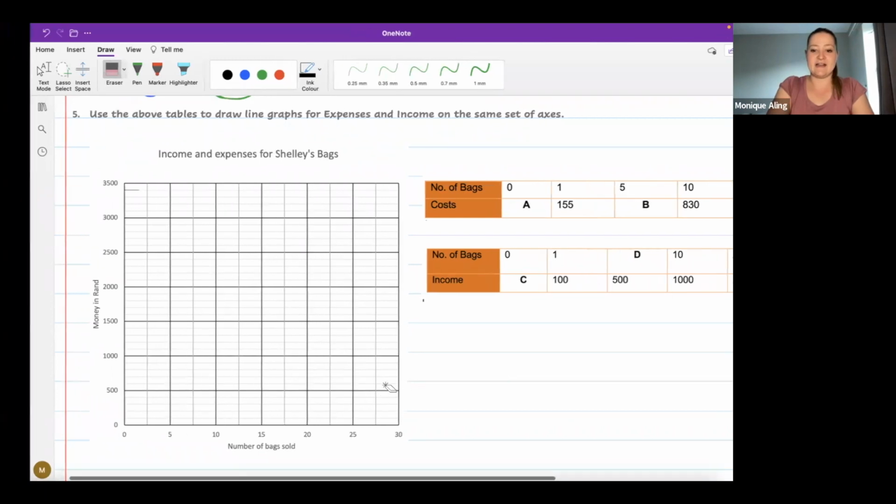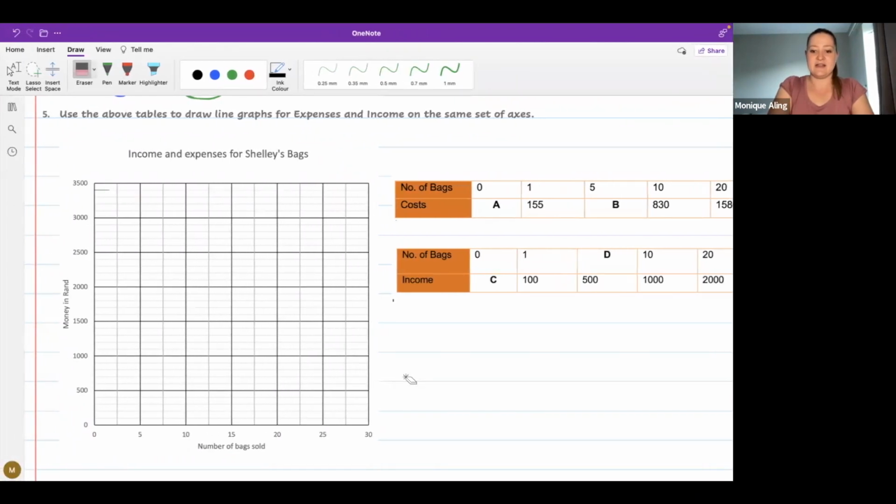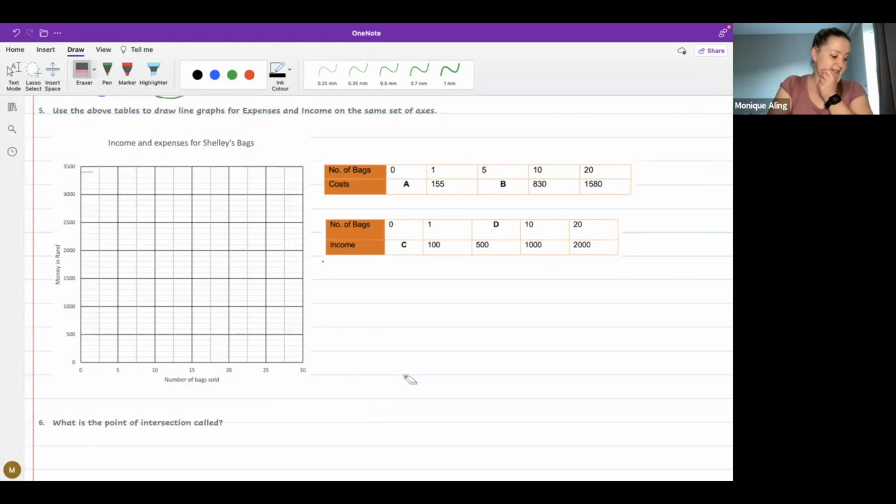So looking at the first table, we said A was 80. I was going to fill it in here quickly. 80 and B was 455. Okay, so let's look at the expenses graph first. As you can see, our first point is 0 and 180.